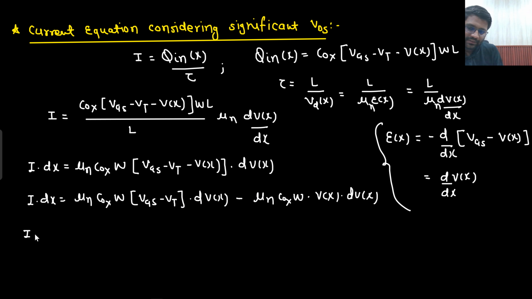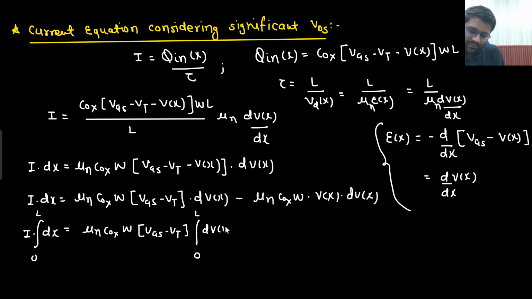Can I take the limit of x? I am doing integration on both sides from 0 to L. Mu n Cox W (VGS minus Vt) integration from 0 to L of dVx minus mu n Cox W integration from 0 to L of Vx dVx.